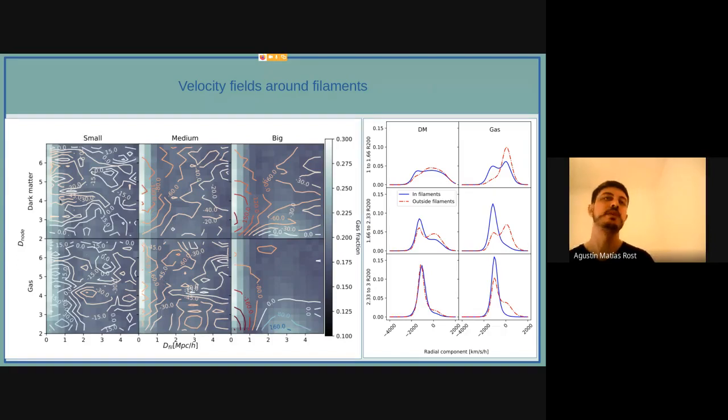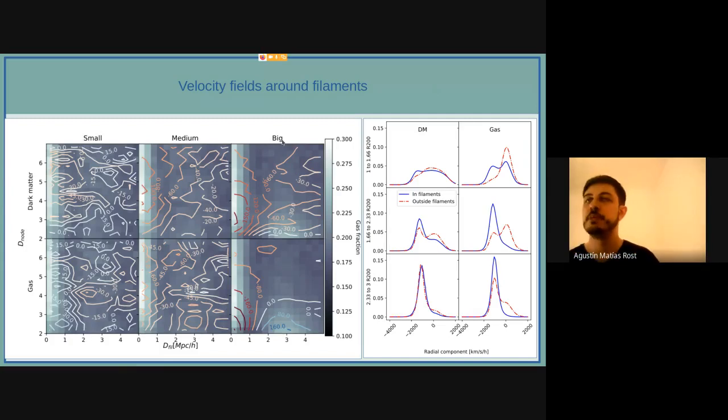If we color code by the gas fraction, we see these plots, and the lines represent the velocity component that is parallel to the filament. For small and medium filaments, we see that it tends to be negative, so the material goes towards the nodes.